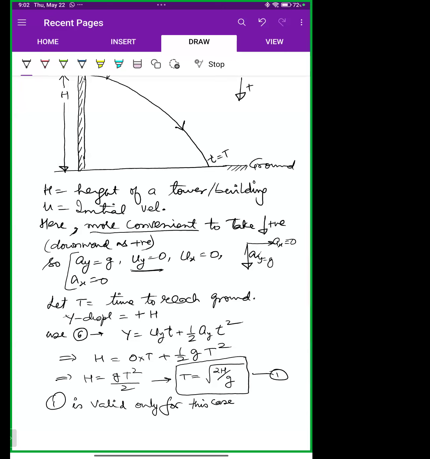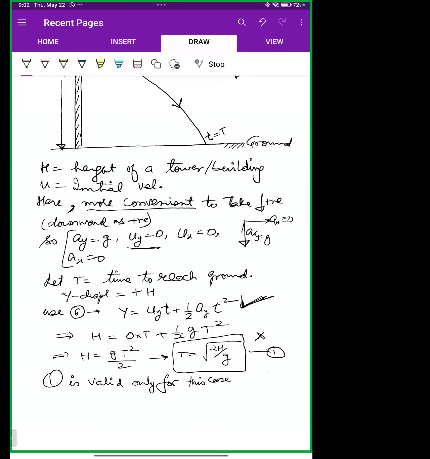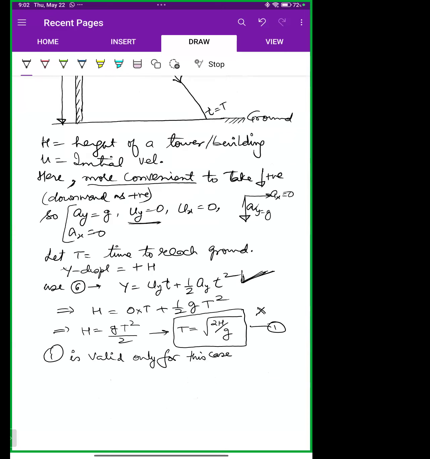This can be applied everywhere. Look at my pen. This is universal. It can be applied anywhere. This is not universal. Okay. One is valid only for this case. What is this case? This result, T is equal to root 2 capital H upon g, is valid only if the initial velocity is horizontal.